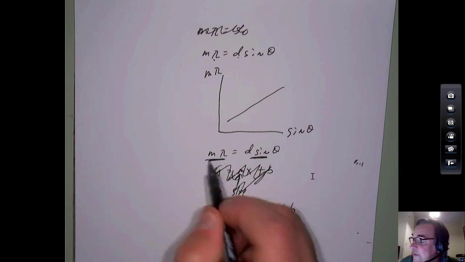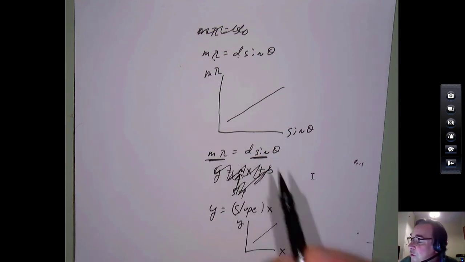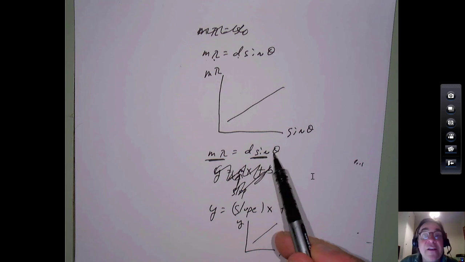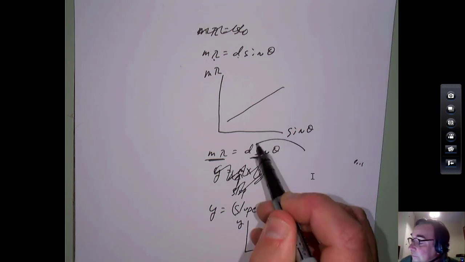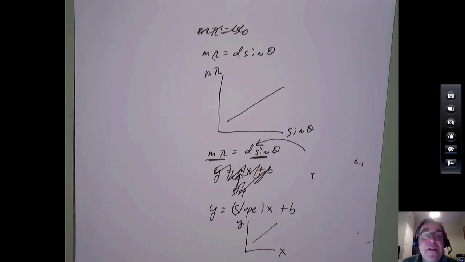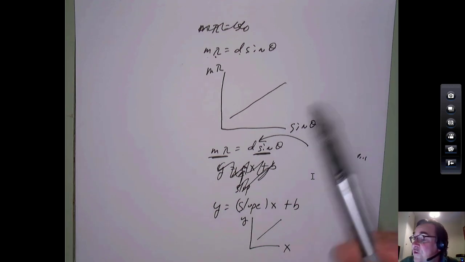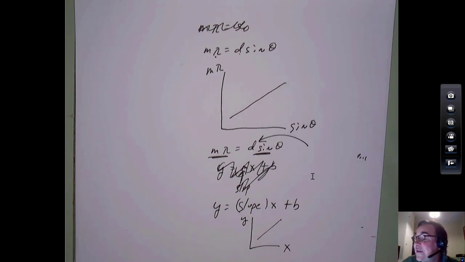M times the wavelength acts like y. So whatever comes in front of the sine of theta is the slope, which in this case is actually d. You'll get all the data, set up the axes, put the equation of the line there, and the slope of this line is the value of d.